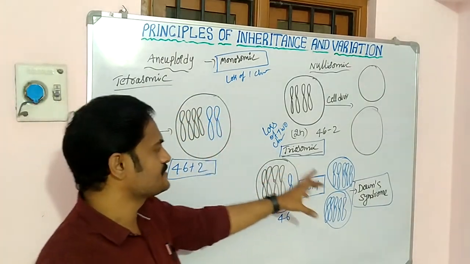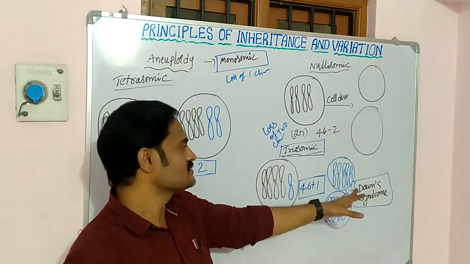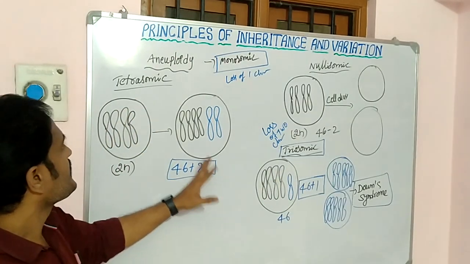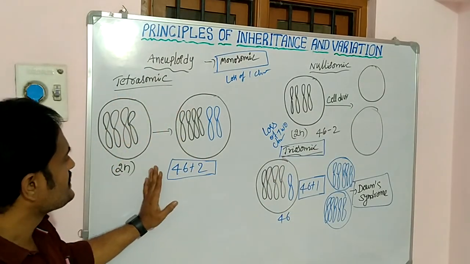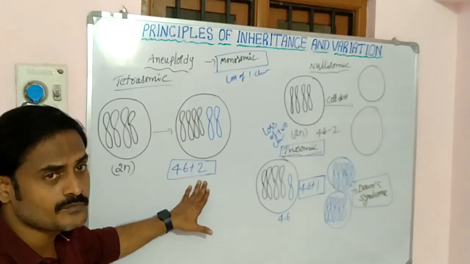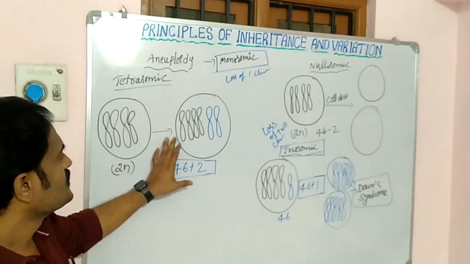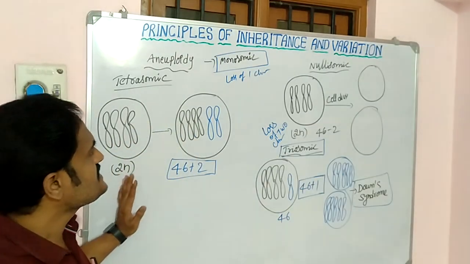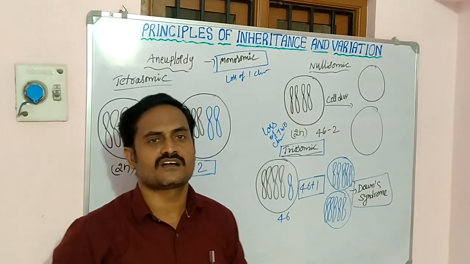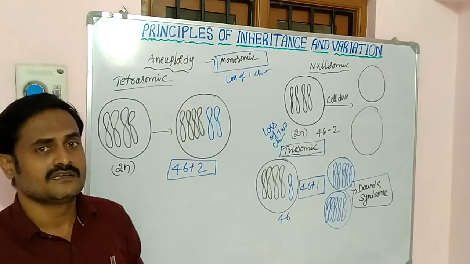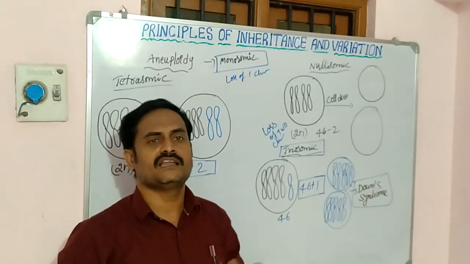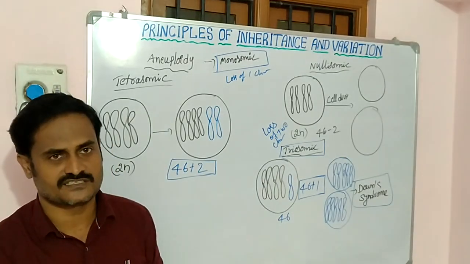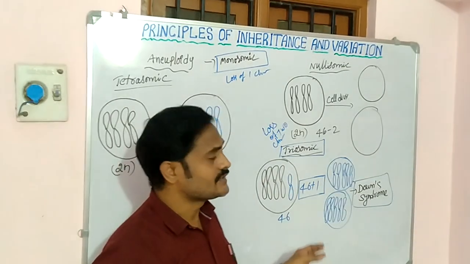These are the two diseases in aneuploidy. Coming to tetrasomic, it means addition of two chromosomes, so it forms abnormal cells. These kinds of mutations occur in cells due to physical and chemical agents. They are called mutagens. Okay students, are you clear?